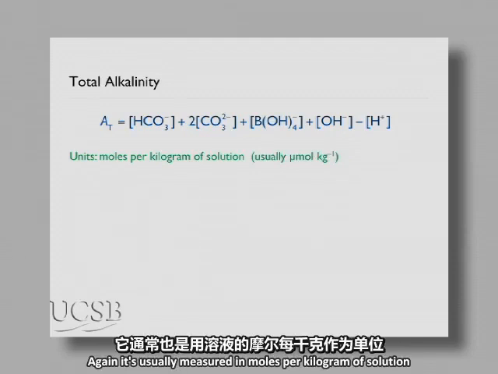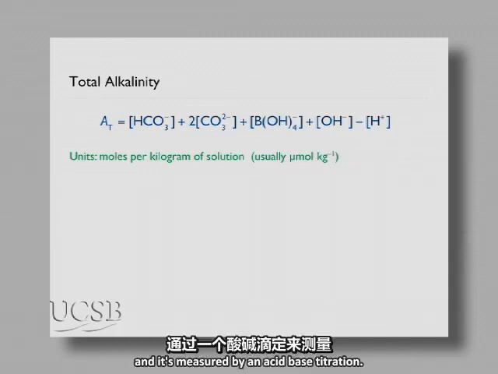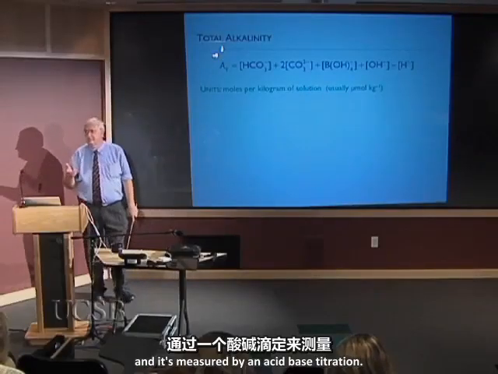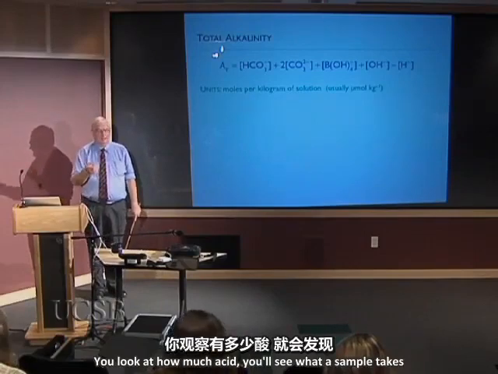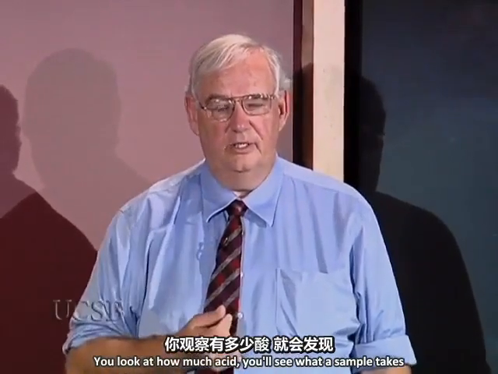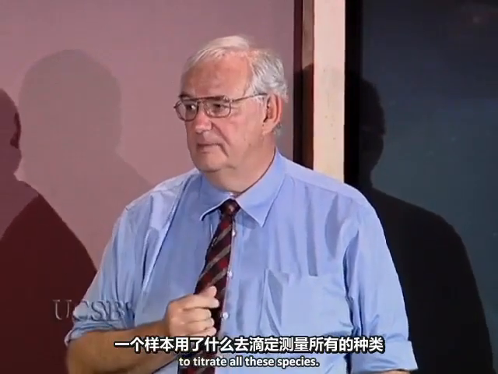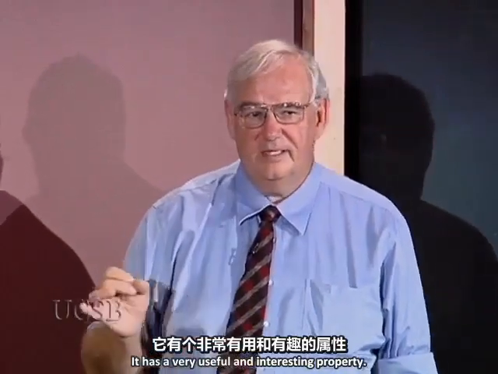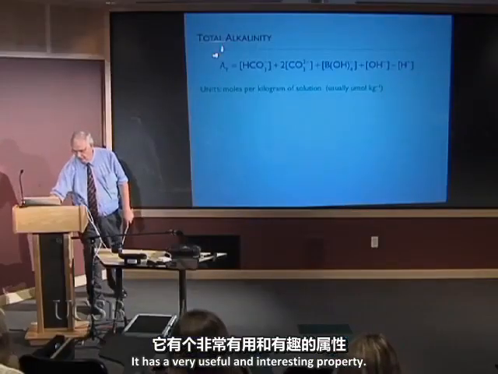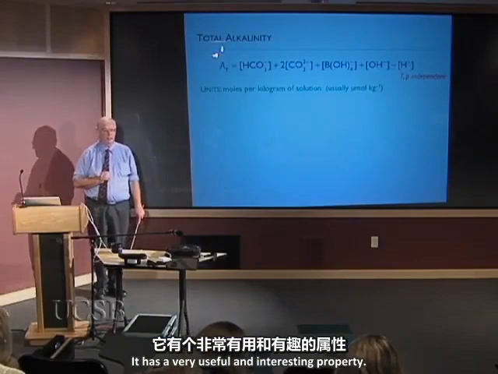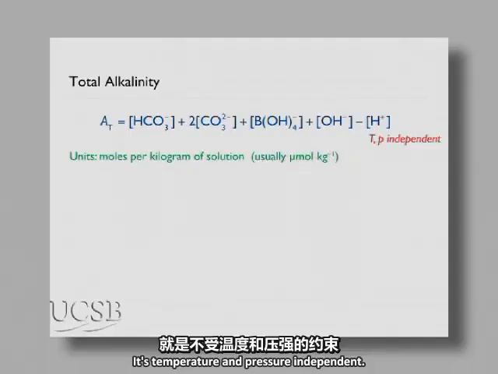It's usually measured in moles per kilogram of solution, by an acid-base titration. You work out how much acid your seawater sample takes to titrate all these species. It has a very useful and interesting property. It's temperature and pressure independent.